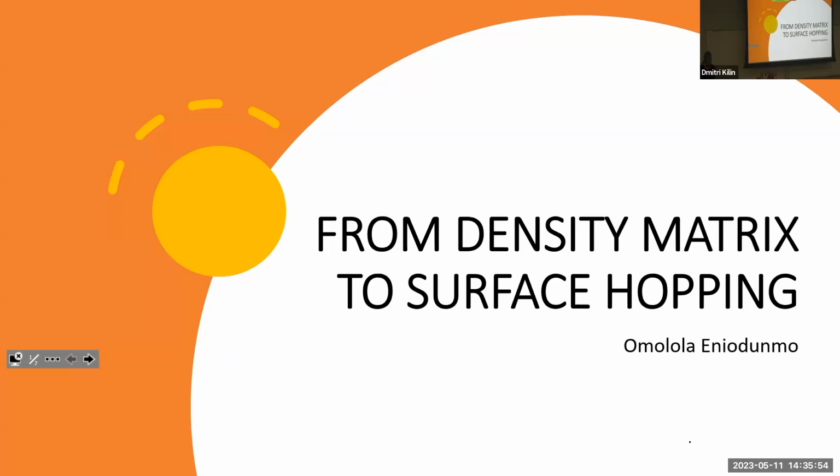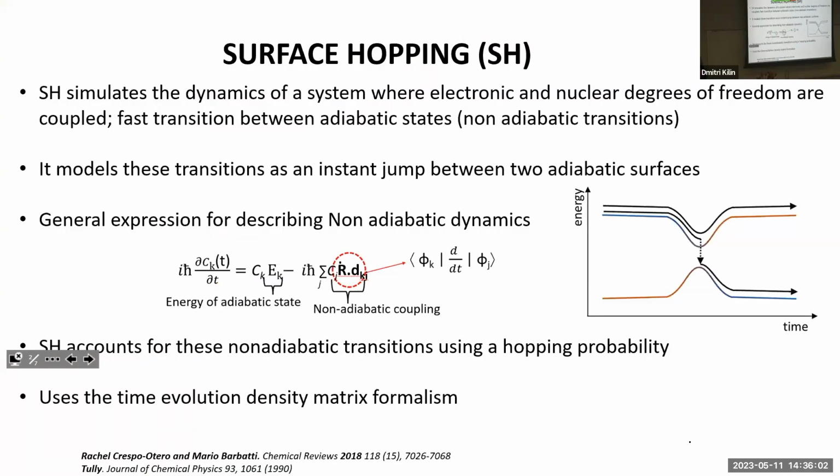So I'll be talking about how to go from density matrix to surface hopping algorithm. Surface hopping is a semi-classical method where the electronic and nuclear degrees of freedom are coupled, such that the transitions between the adiabatic states are very fast, and these are called non-adiabatic transitions.